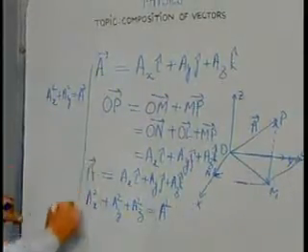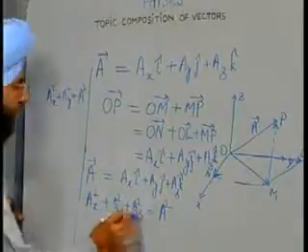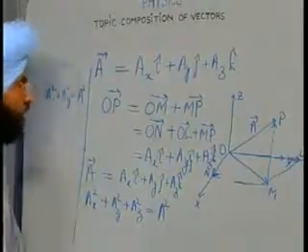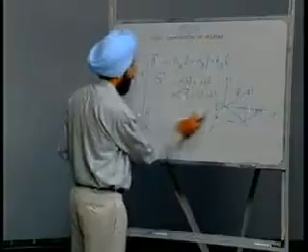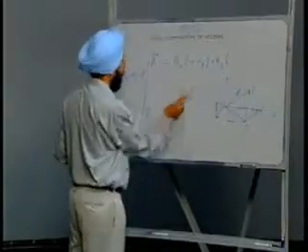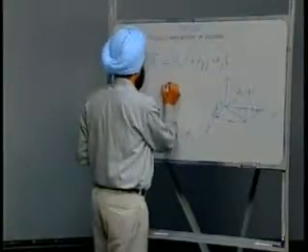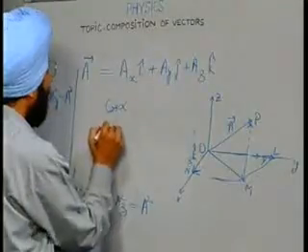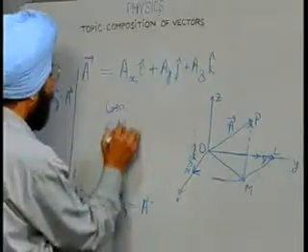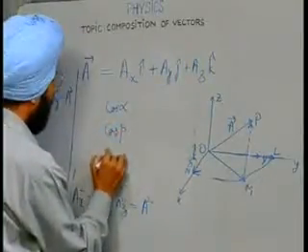In 3 dimensions, we have to add the third component also. Now, we have direction cosines. Direction cosines are cos of the angles made by the components with the A vector.